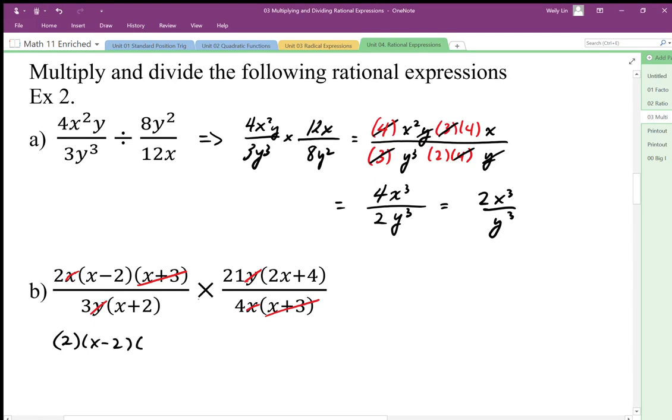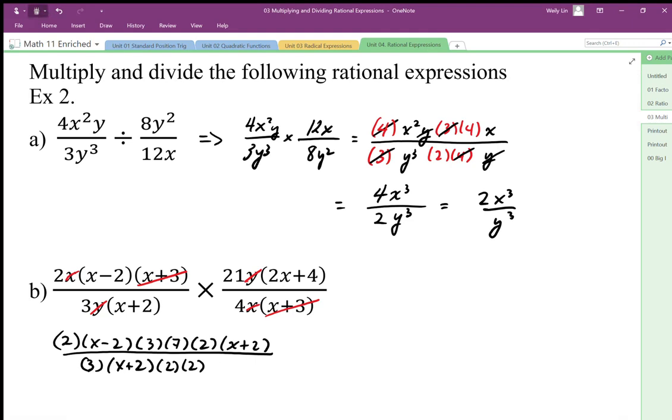That 21, I see there's a factor of 3 that I can use. And 2x plus 4, there's a common factor of 2, and it becomes x plus 2. In the denominator, I have 3 times x plus 2. That 4 I'm going to write as 2 times 2, and that's all that's left.